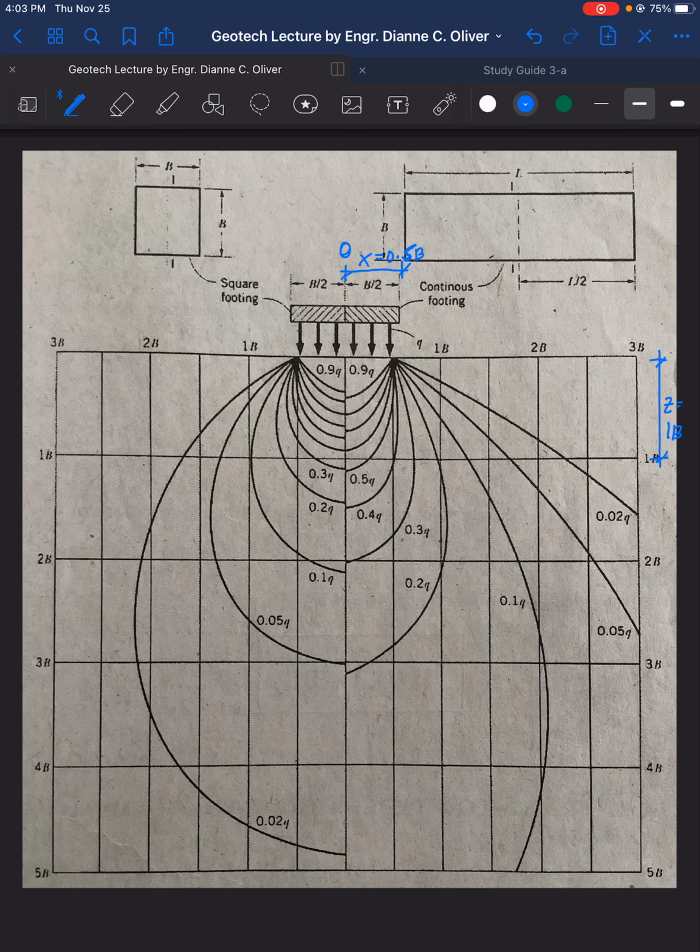Therefore, our point B is now located here.